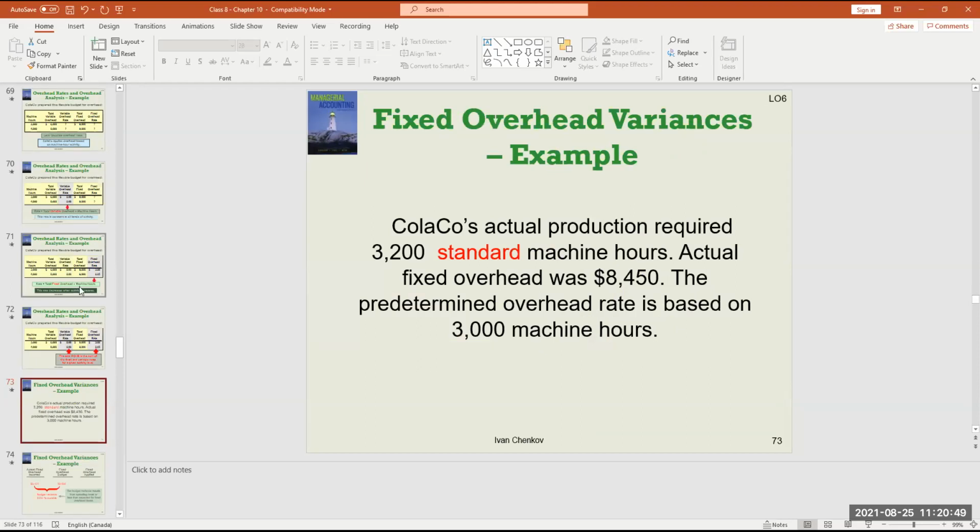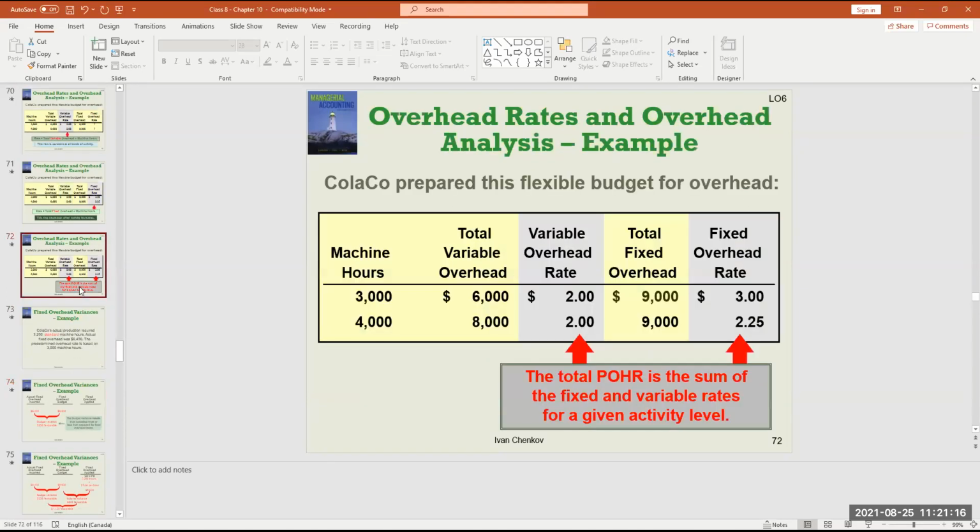Now, let's see this example. First, Colaco's actual production required 3,200 standard machine hours. Actual fixed overhead was 8,450. The predetermined overhead rate is based on 3,000 machine hours. So based on the 3,000 machine hours, the fixed rate is $3 here.